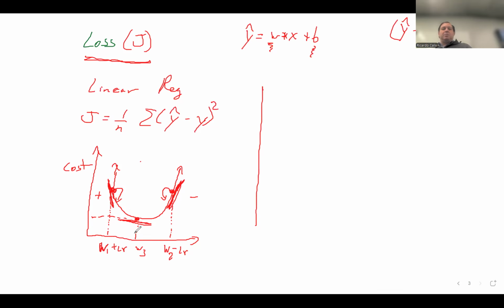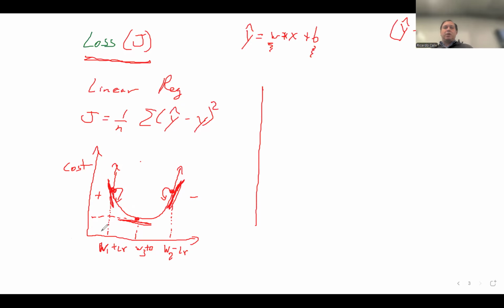So at that point, the derivative, the tangent, is 0. So it's equivalent to plus 0. That's mechanically what is happening. So the weight does not update. It stays at that parameter because that's already the optimal parameter. But if it's here, it gives you either this slope or the other slope.